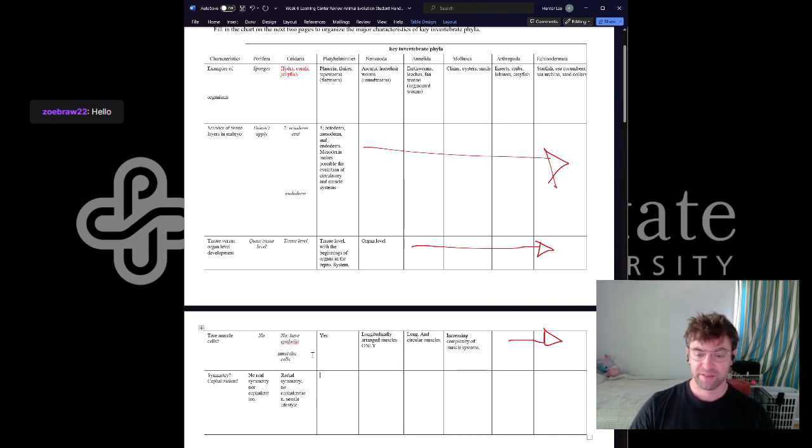Platyhelminths is where we start to see the rise of bilateral symmetry with concomitant appearance of cephalization and locomotion.